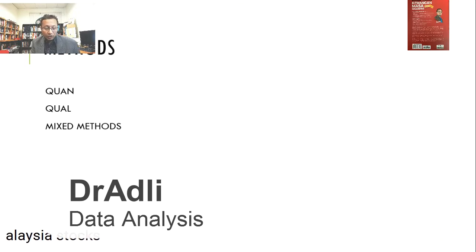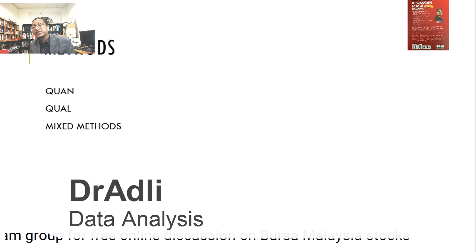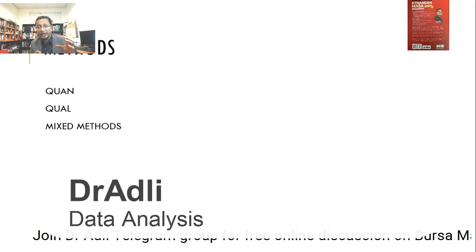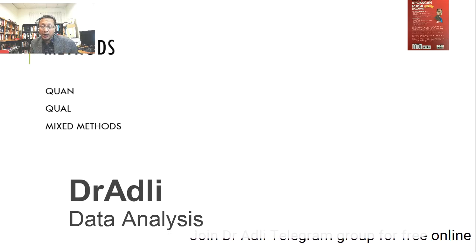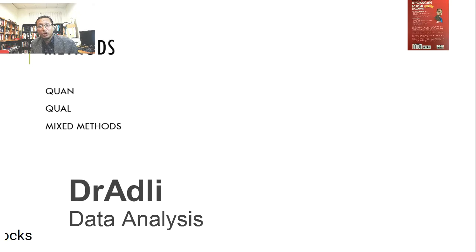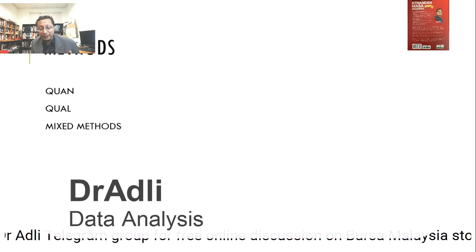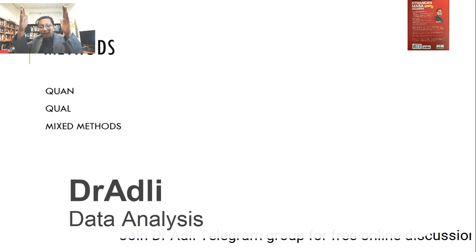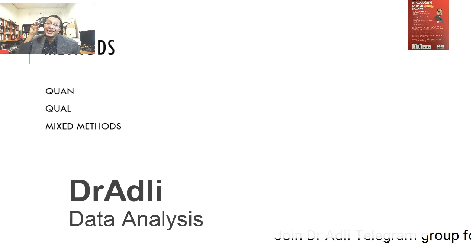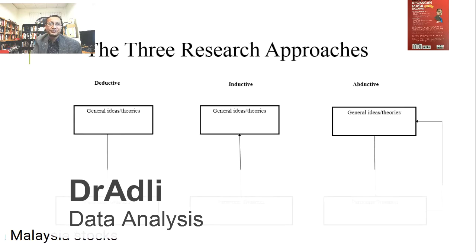I have the qualitative aspect of the study and also the quantitative aspect. To remind you, my ontology is the Islamic worldview, my epistemology is the aqli and naqli, how you acquire knowledge, and my method is mixed method. So the ontology, epistemology, and methods must be aligned.